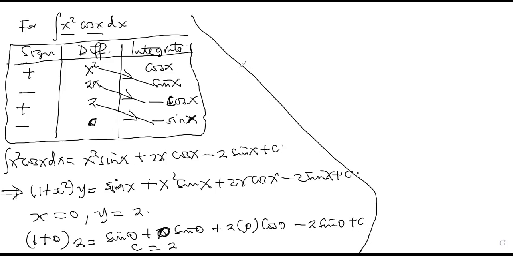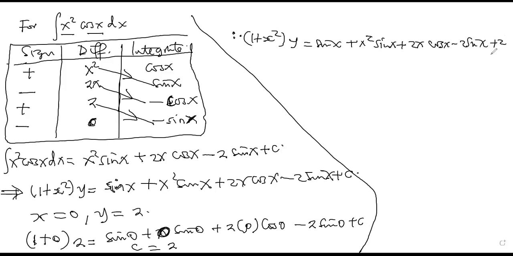So after getting c as 2, substitute c equals 2 into the equation. So it is going to be (1 plus x squared) y equals sin x plus x squared sin x plus 2x cos x minus 2 sin x plus 2.